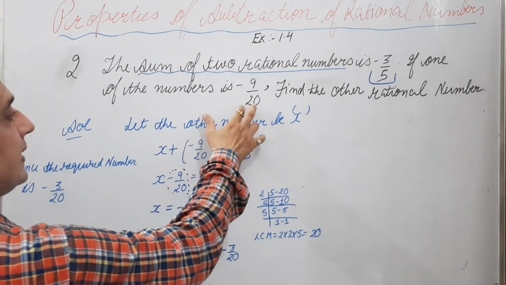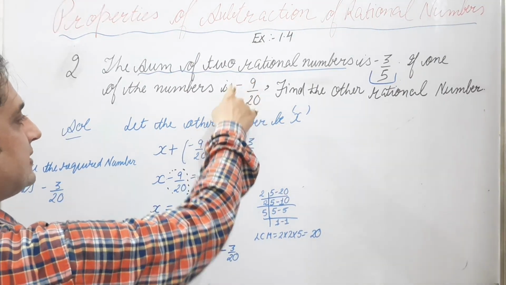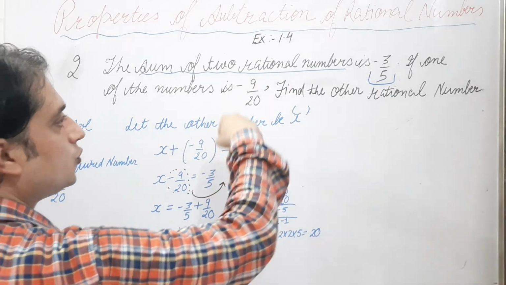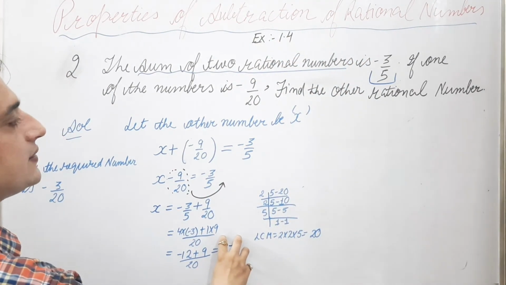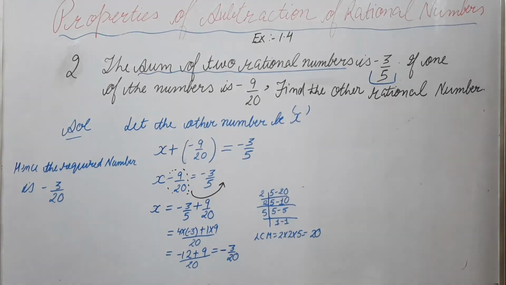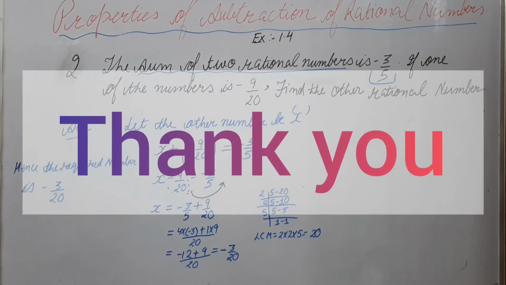What should be added to minus 9 upon 20 to get minus 3 upon 5? Minus 3 upon 20. This type of questions are in your exercise 1.4. So try these questions more and more. Thank you.